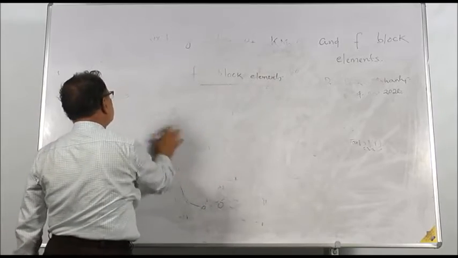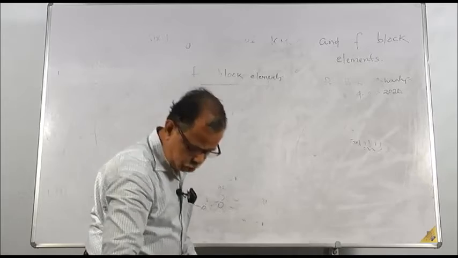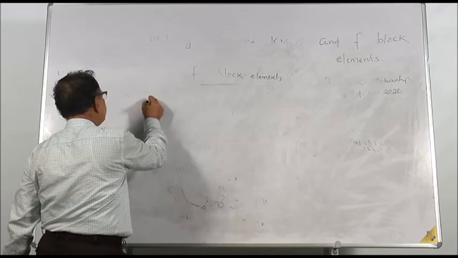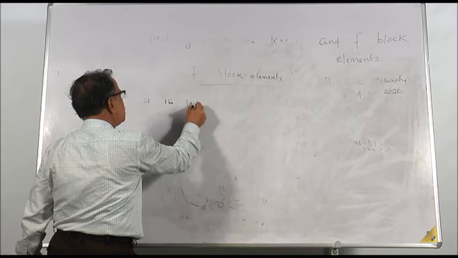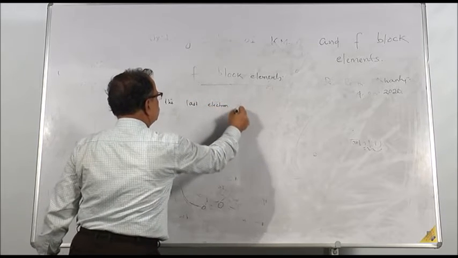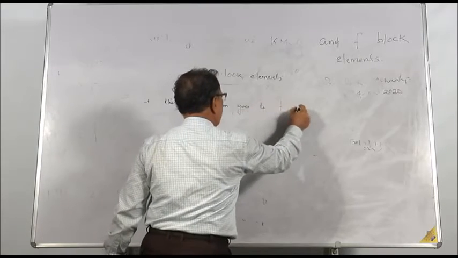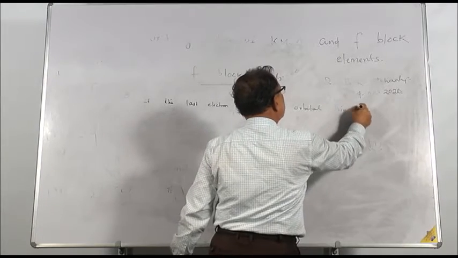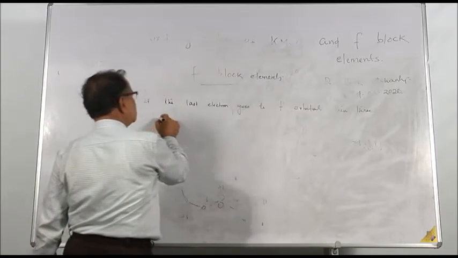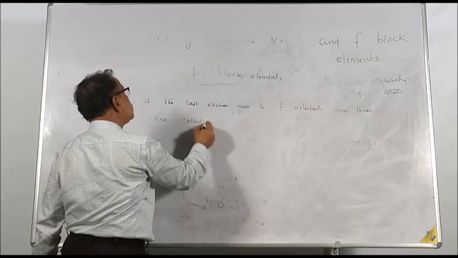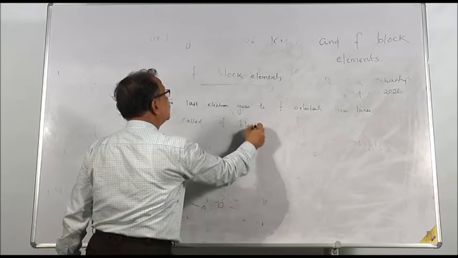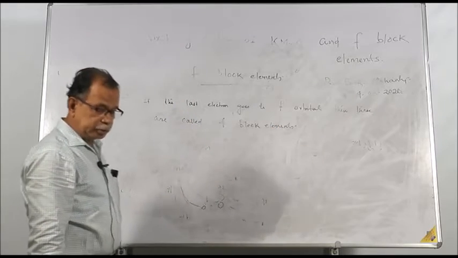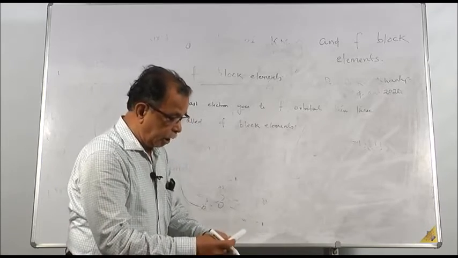If the last electron goes to the F orbital, then these are called F block elements. Now I will give some F block elements.